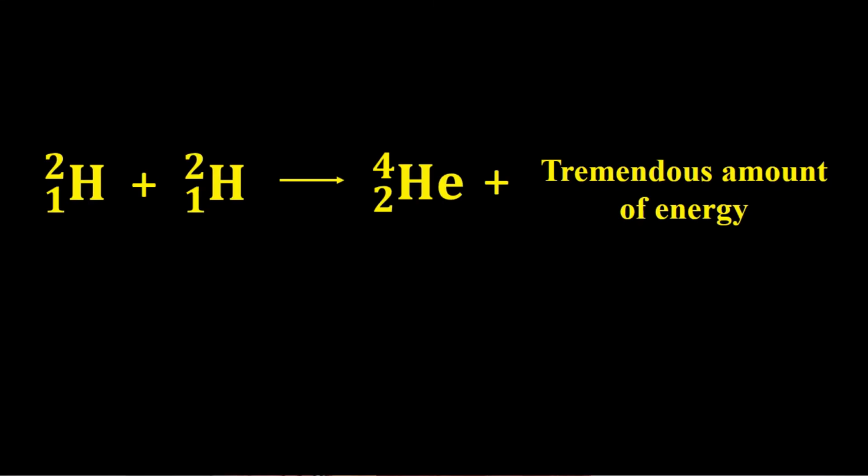But on the other side, nuclear reaction is quite different. In every nuclear reaction, a tremendous amount of energy is produced. When hydrogen fuses to form helium, which is constantly taking place in the sun, a tremendous amount of energy is being produced. That energy we are getting and we are using that for different purposes also.